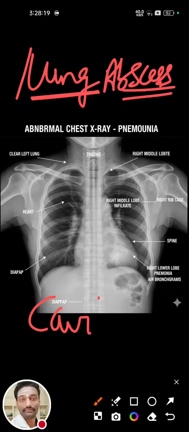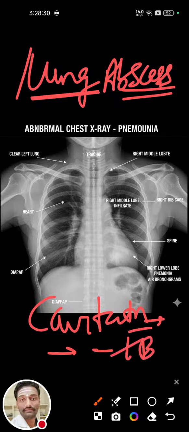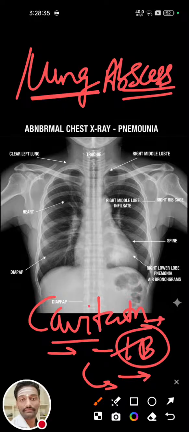Next one is cavitation. Cavities we will see in Staph aureus, Klebsiella, tuberculosis, or anaerobic aspiration diseases. Pneumothorax, due to rupture or necrosis, necrotizing pneumonia and pneumomediastinum are the rare complications.